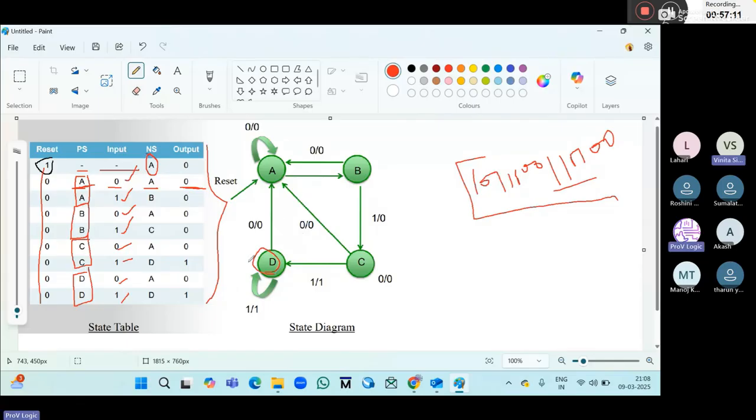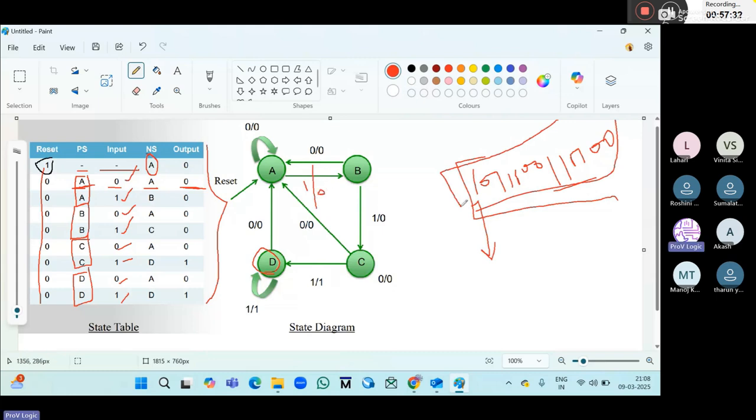Again it will go from the starting. Yes, everything will be checked from the initial value only. The whole state machine will be run with the whole final state machine. It will check initially 1, so here initially 1 by 0.